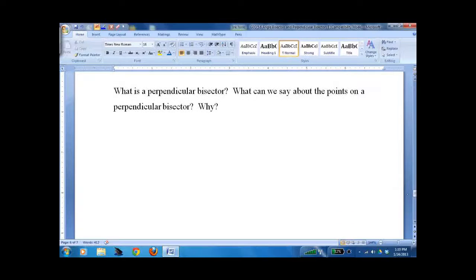So now, same idea with a perpendicular bisector. We have lots of points I'll use here. And then we run a perpendicular bisector down the middle that's at a 90-degree angle.